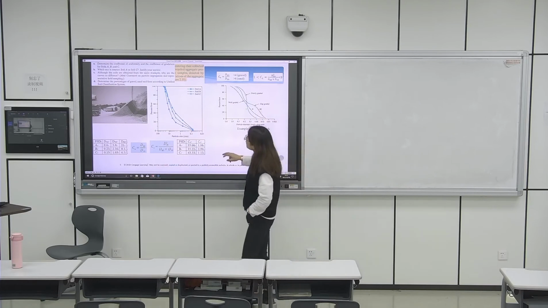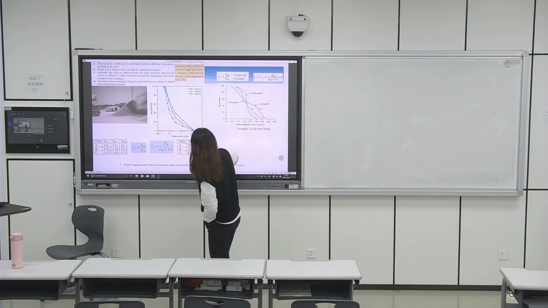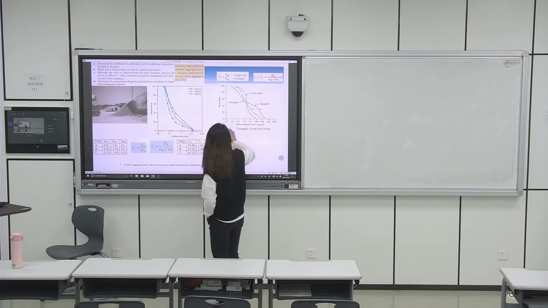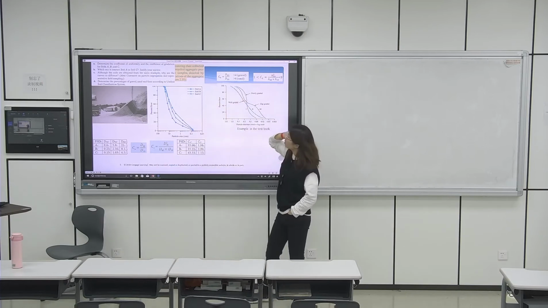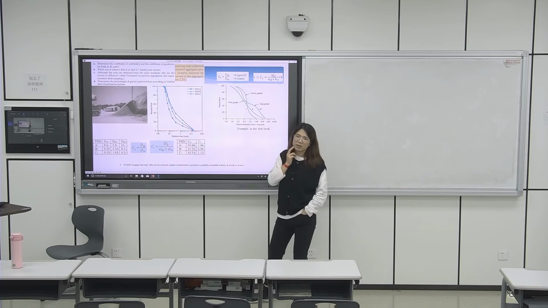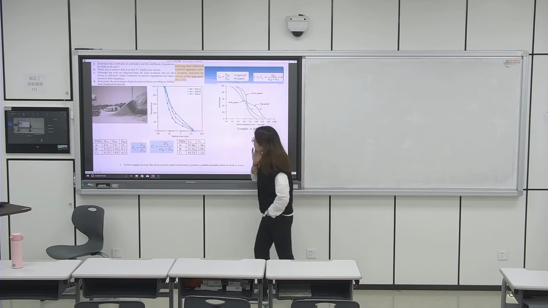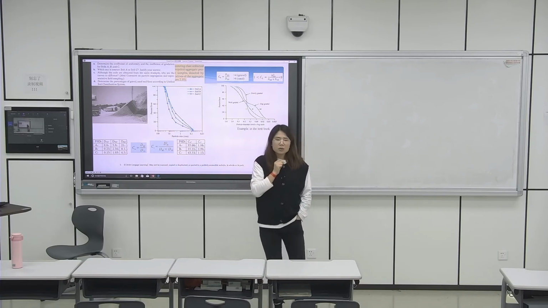And then let's say for soil A, B, and C, if you calculate it, they almost all satisfy this definition here. So soil A, B, and C are all well-graded soil. But which one is coarser? How do we define coarser?